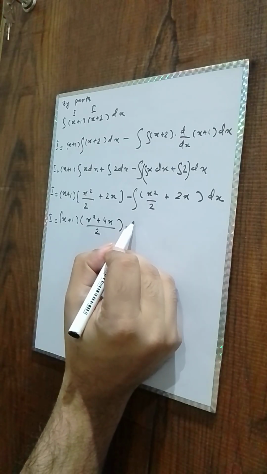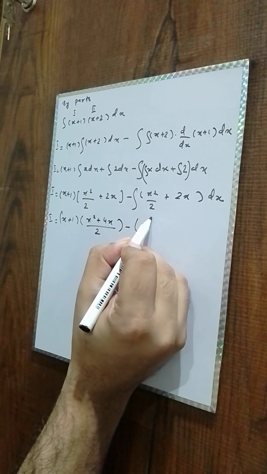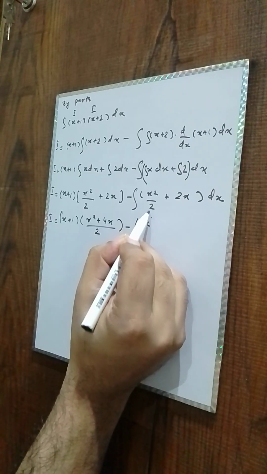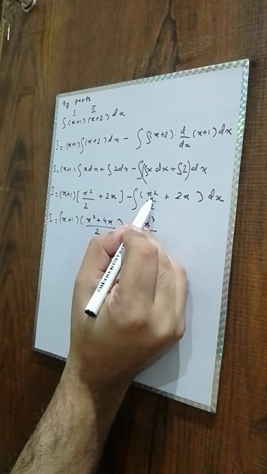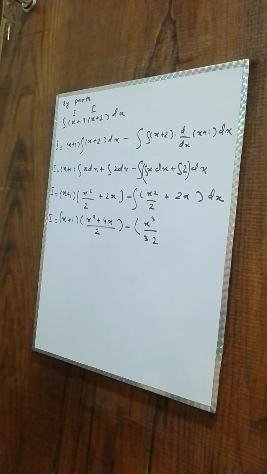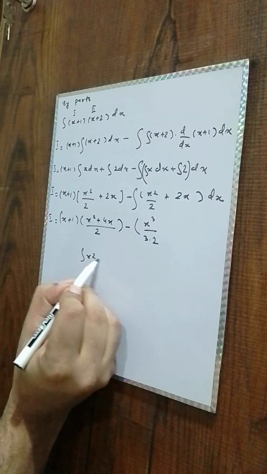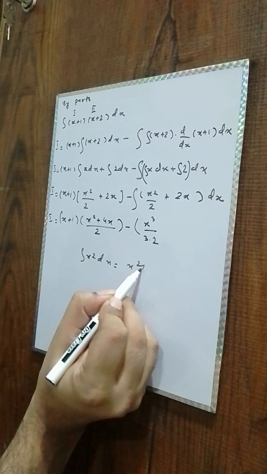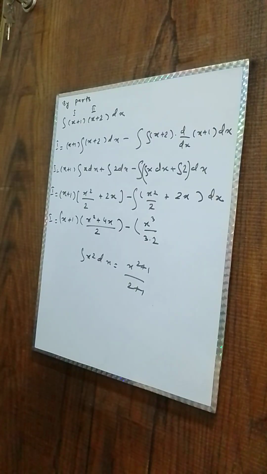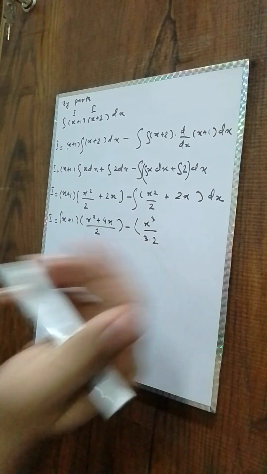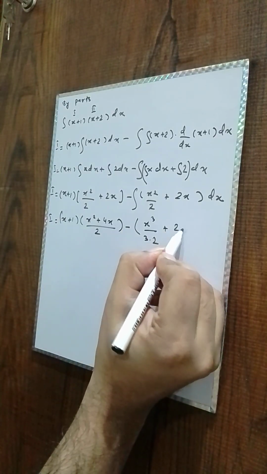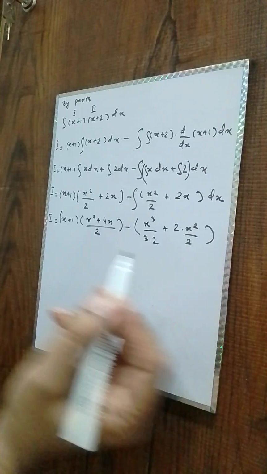Now individually, which means x cubed by 3 dot 2 x squared. The integration of x squared is equal to x to the power 2 plus 1 by 2 plus 1. This is rough work. And the integration of 2x is 2 dot x squared by 2.